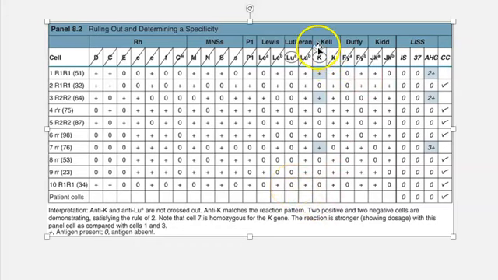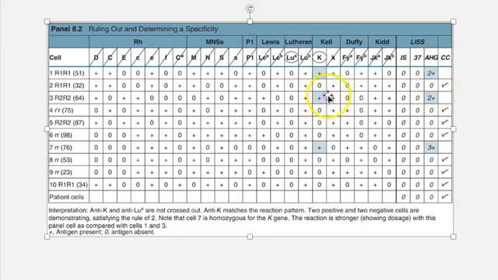But if you look at Kell, you can see that we've got, and this does show dosage. So they've identified the antibody that the patient has as an anti-K or anti-Kell. And we've got reactivity here where we had reactivity with our patient. Donor number 2 lacks the Kell antigen and we didn't have a reaction here.